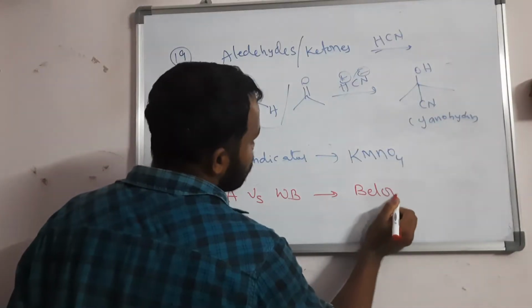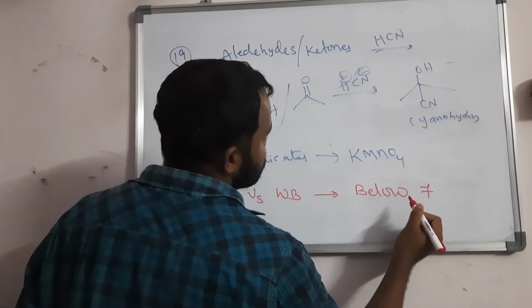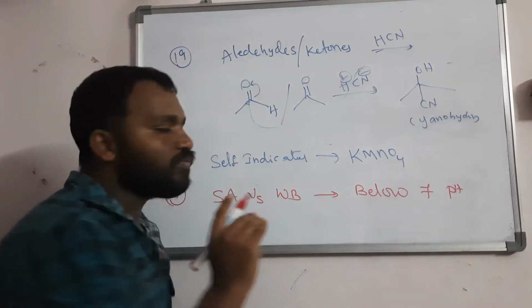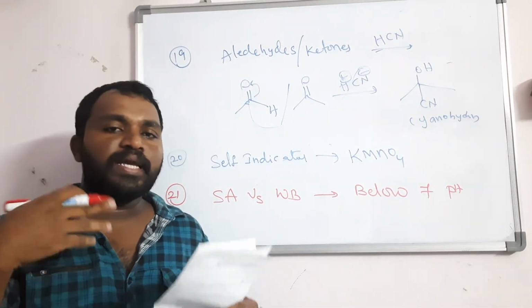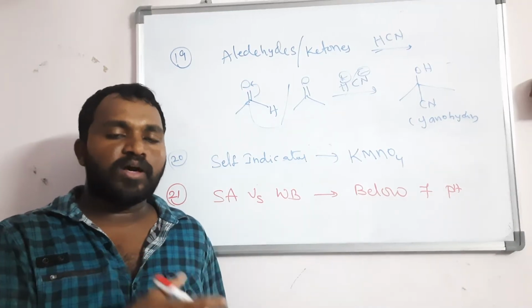Question number 21. Strong acid versus weak base. What is the pH they asked? The pH is below 7. For strong acid versus strong base, any indicator like phenolphthalein, methyl orange, or methyl red may be used.